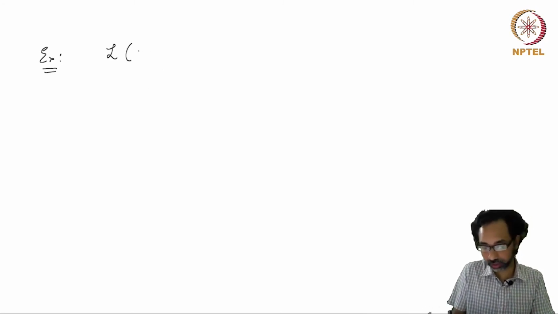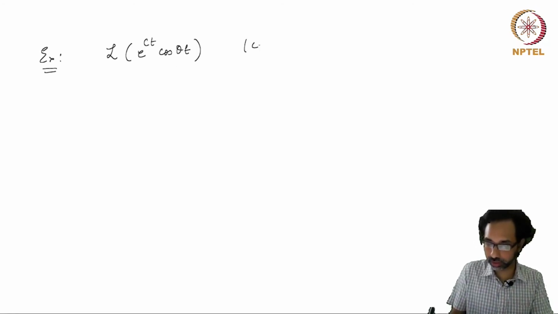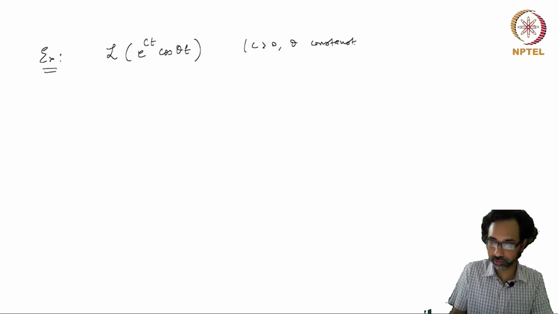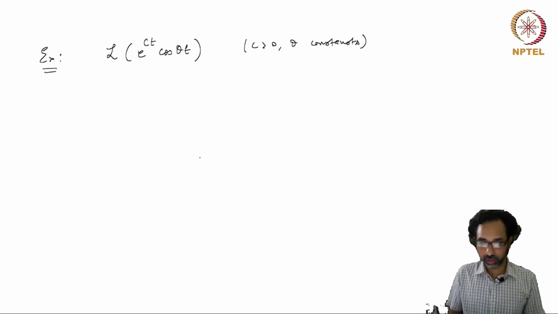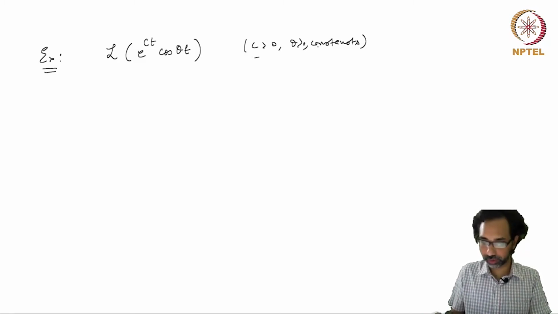So let's compute the Laplace transform of e to the power ct times cos theta t, where c and theta are real constants, and we are assuming both to be greater than 0.